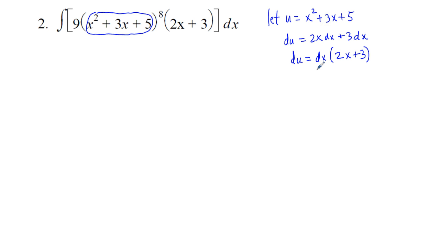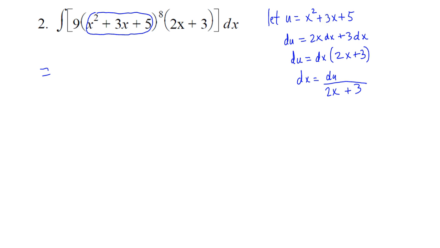And now, solving for dx, dx is equal to du over 2x plus 3. Okay, so let's substitute here.